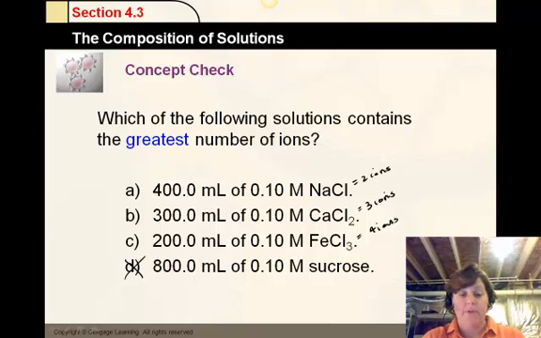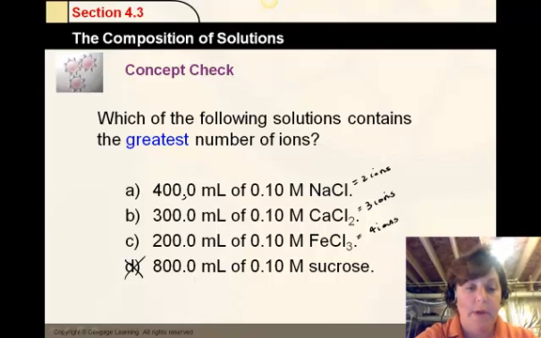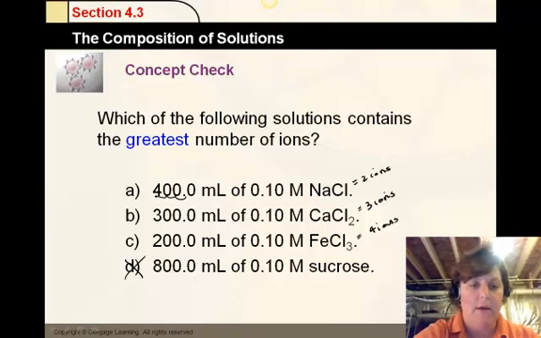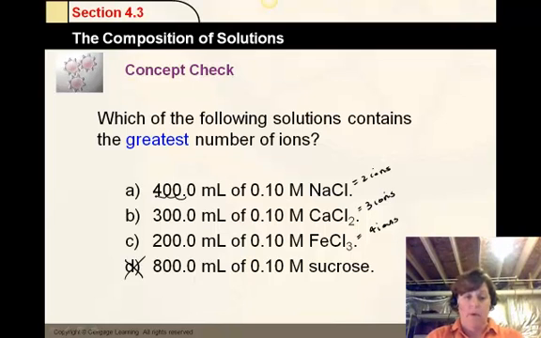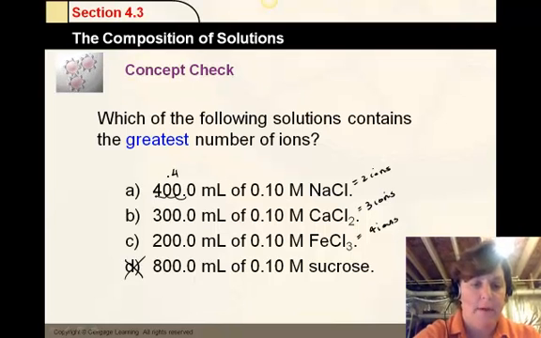So now we have to kind of figure out the moles of the compound, and we have to multiply by the number of ions. So for this first one, 400 mL of 0.1 molar. Now I could move the decimal point over here. Milli is 1/1000th. So this is really 0.4 liters.